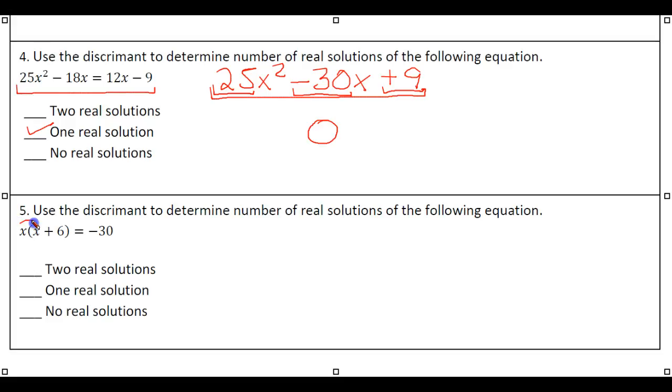Now here we had to distribute, transpose that, and we end up with our discriminant ending up being a negative 84. Again, if it's less than 0, then there are no real solutions. Okay, we kept this one a little long, under 25 minutes, but hopefully lots of stuff.